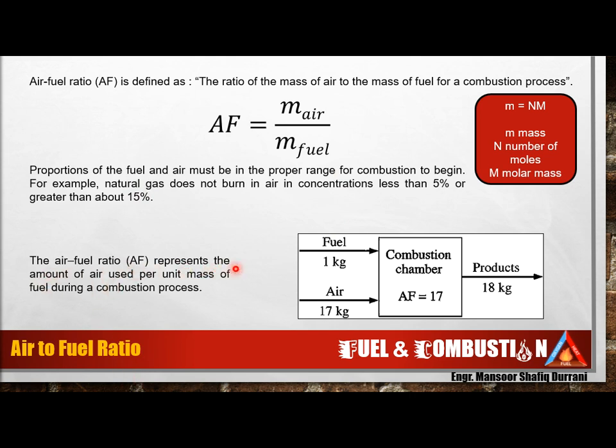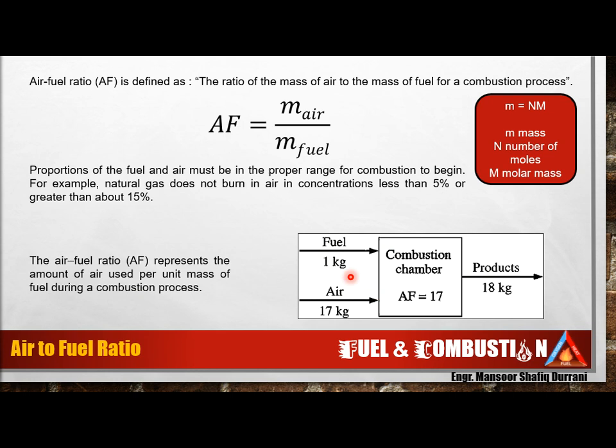The air to fuel ratio represents the amount of air used per unit mass of fuel during the combustion process. So what is air to fuel ratio? It is the amount of air used per unit mass of fuel during a combustion process, meaning how much air is used for a unit mass of fuel. Now here is a diagram.